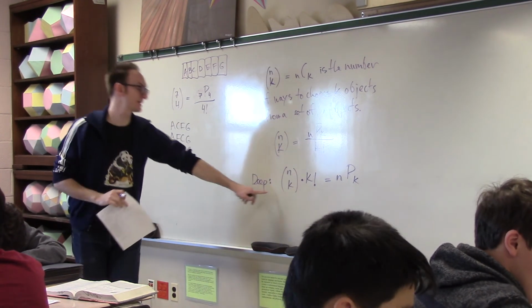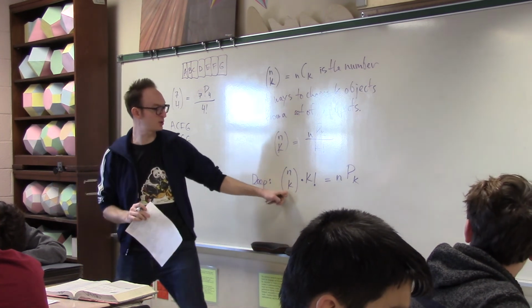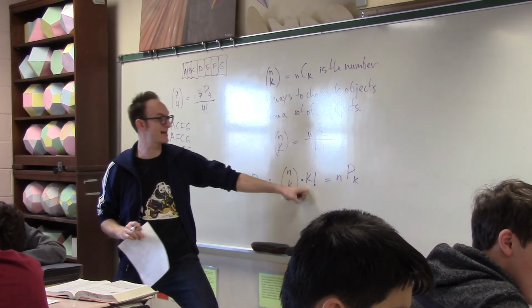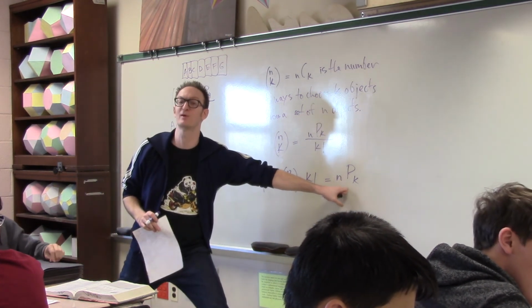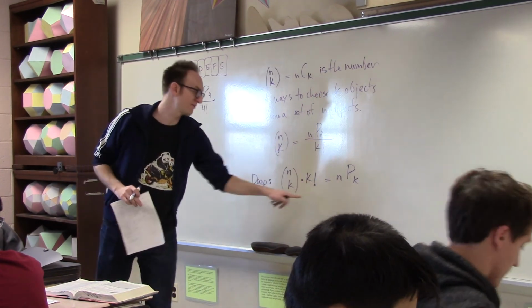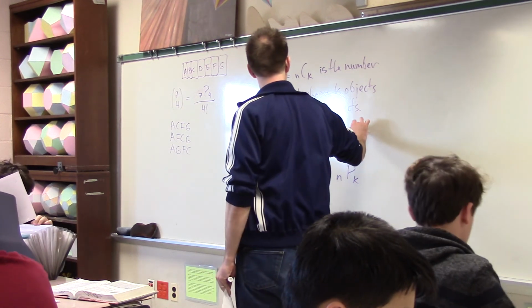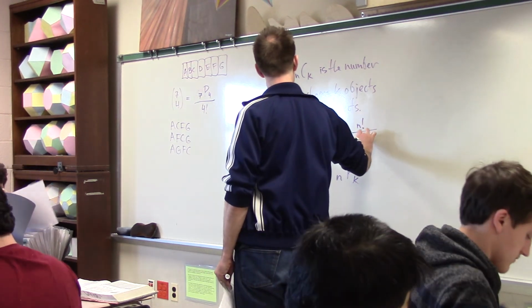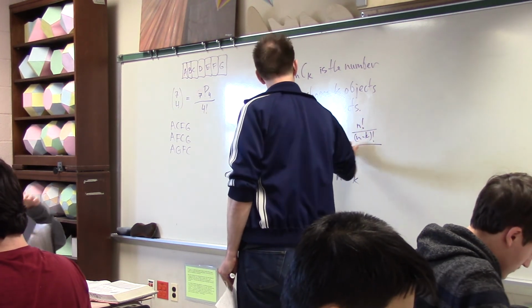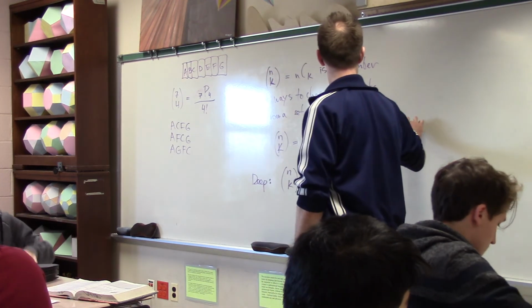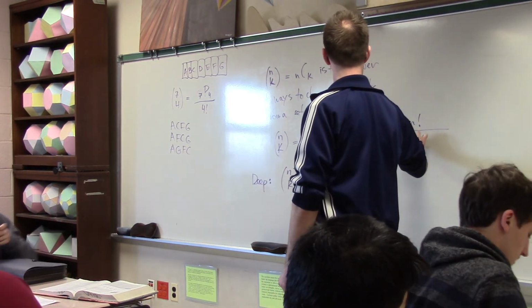And therefore, since this is the way of thinking about it, first choose your k objects from your set of n objects, then order them. Well, that gives you the number of permutations. And therefore, by dividing both sides by k factorial, you get this formula, which is really like n factorial over n minus k factorial over k factorial. And so the formula that you see in textbooks is like this one.